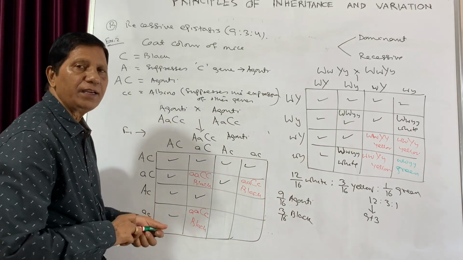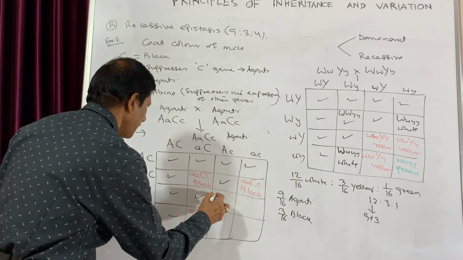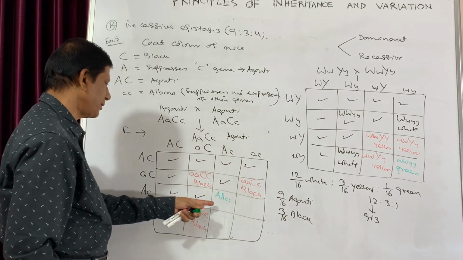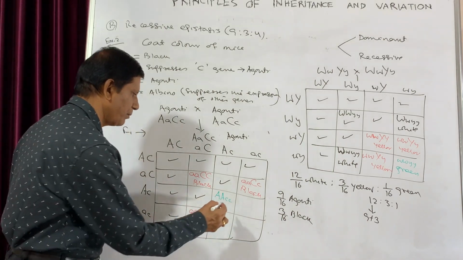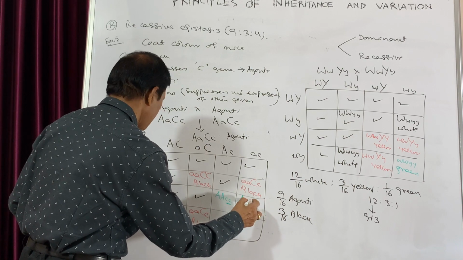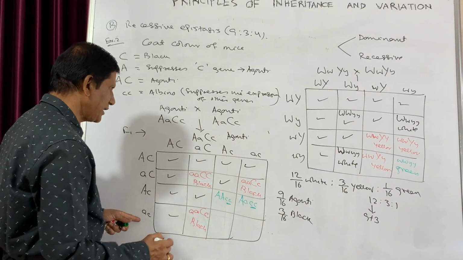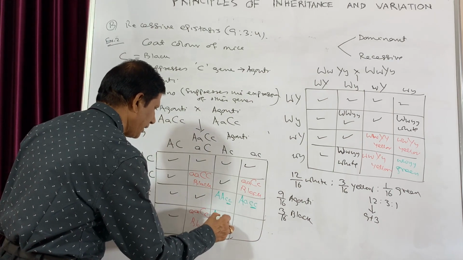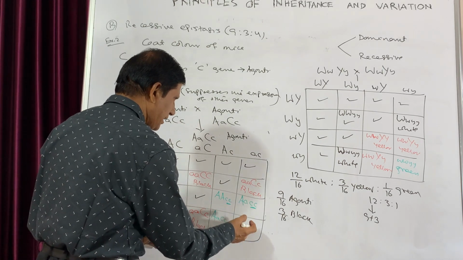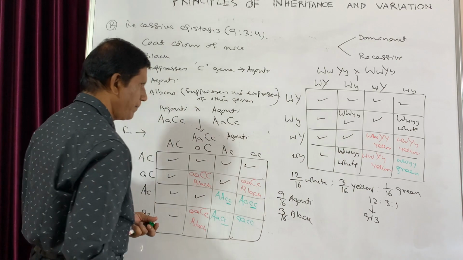Now you see the remaining cases. In the remaining cases, what happens? Here you see capital A, but C is present in recessive form, both. In this case, it is capital A, small a, and C is again in recessive form. In this case also capital A, small a and C also in recessive form. And naturally in this case it is the same thing, all are present in lower form.